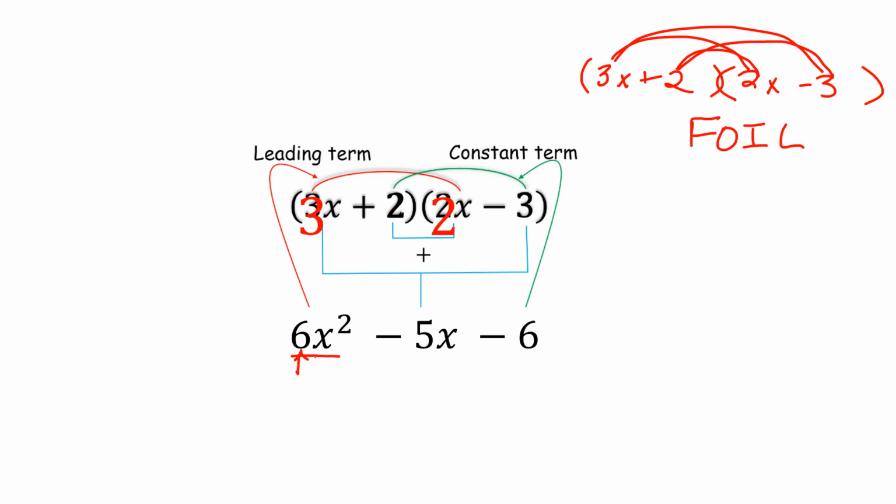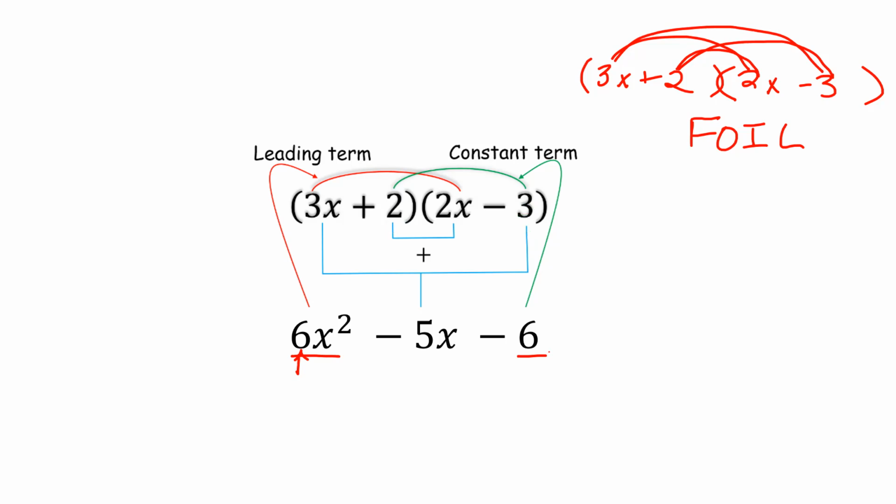Those two numbers are factors of the leading coefficient of the trinomial. Okay, now how about the constant in our trinomial? Where does that come from? That comes when we multiply the last numbers in the parentheses. So that's where that -6 comes from, multiplying 2 times -3.